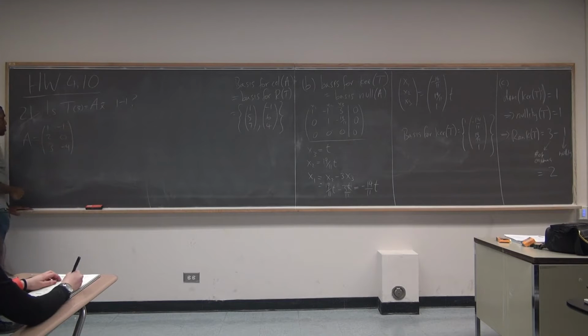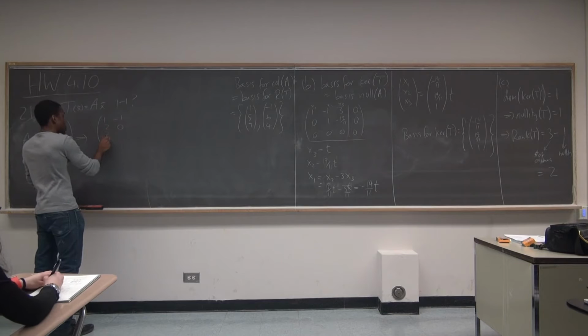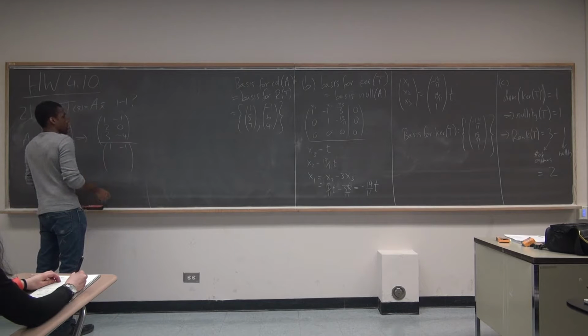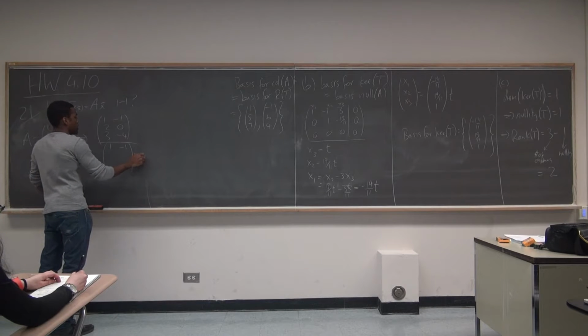Okay, so find the reduced echelon form. So we have 1, negative 1, 2, 0, 3, negative 4. Here I can take, say, row 2 minus 2 row 1.